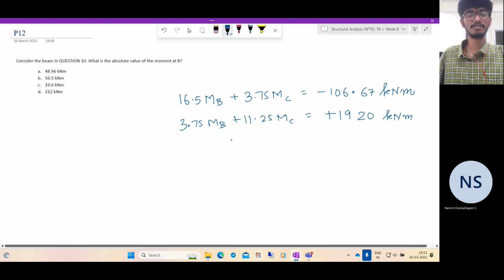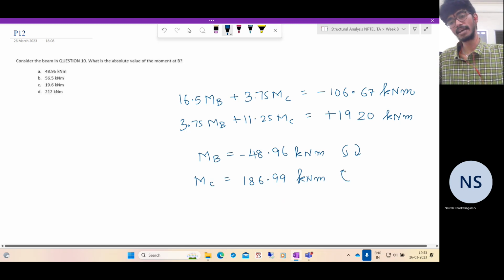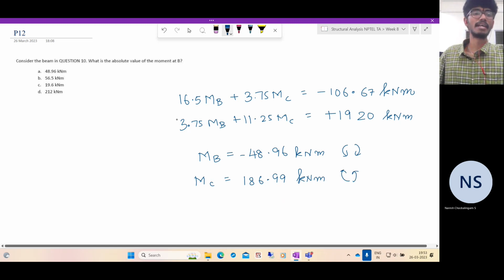Now solve these two equations. It's a 2 by 2 system. You can solve it using your calculator. You get MB is equal to minus 48.96 kilonewton meter. So it is hogging, and MC is equal to 186.99 kilonewton meter. So this is sagging. So they are asking the absolute value of the moment at B. So it is plus 48.96, which is option A.